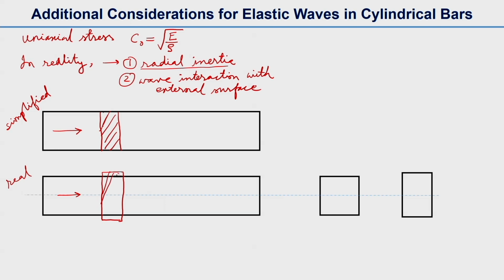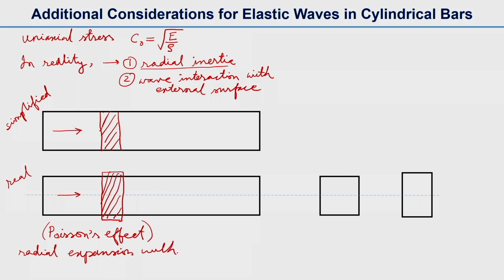As you can understand, this is nothing but Poisson's effect: radial expansion with axial compression.